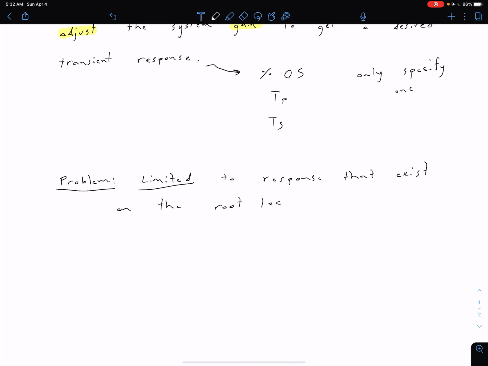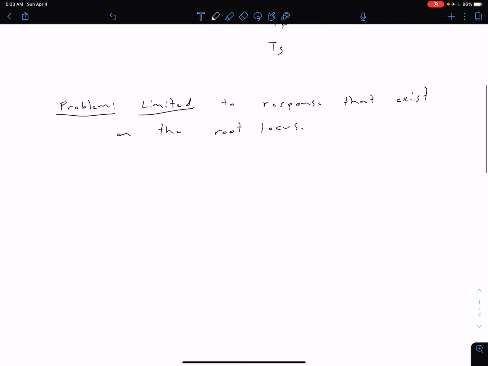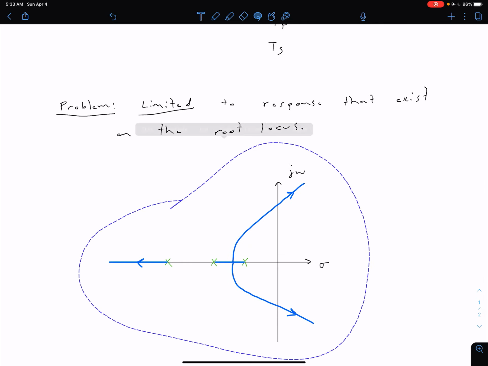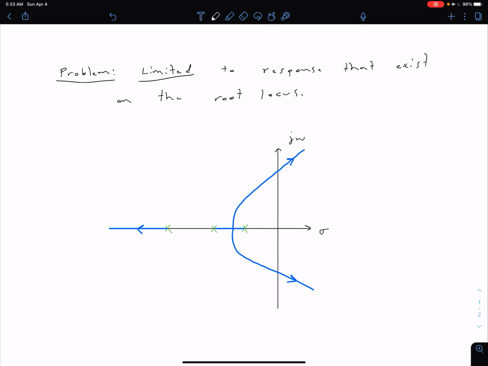This is talking about the case where we're just adjusting the gain, as we saw in that previous example. I think this is a little bit easier to consider graphically. So let's consider some simple root locus here. Notice I've got our open loop poles indicated with green X's, and our root locus in blue follows all of the plotting rules that we specified in the previous section.